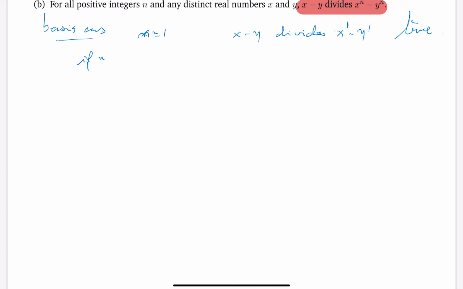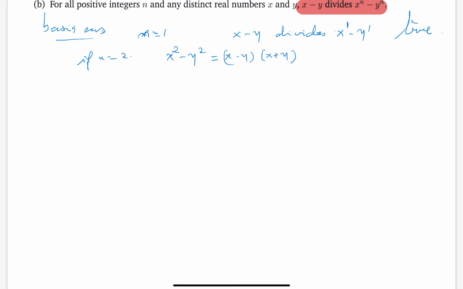If n equals 2, here you have x square minus y square, okay? And x square minus y square, as you know, is just x minus y times x plus y.